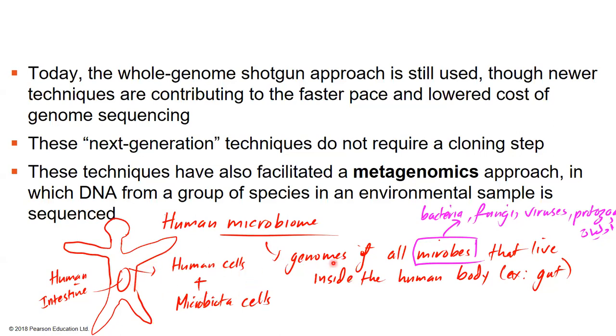And their genomes are called the microbiome. And by the way, inside the human body, we have 10 times, 10 أضعاف, the microbiota cells compared to human cells. So basically, you could think of the human body as containing two types of genomes. Our bodies contain the human genome and the microbiome.